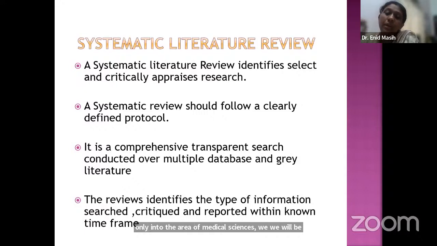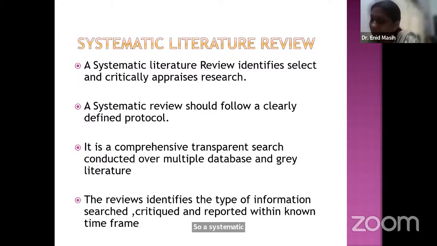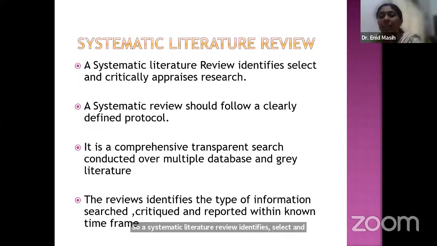No, now in the area of management, and in the area of humanities also, people are extensively using a systematic literature review. So a systematic literature review identifies, selects, and critically appraises the research in order to answer a clearly formulated question.